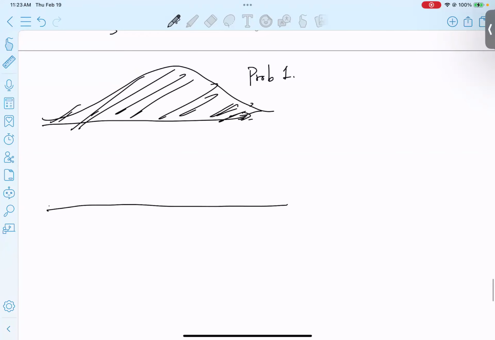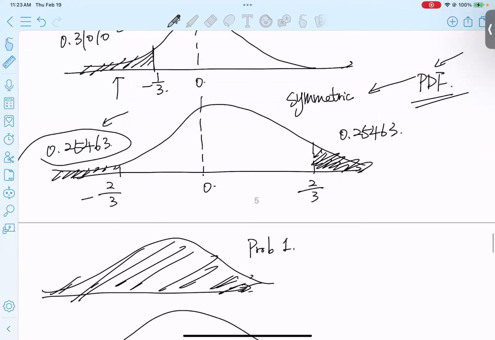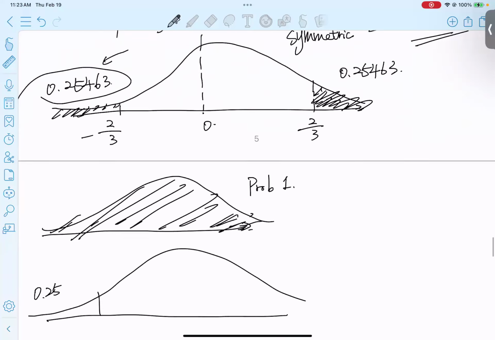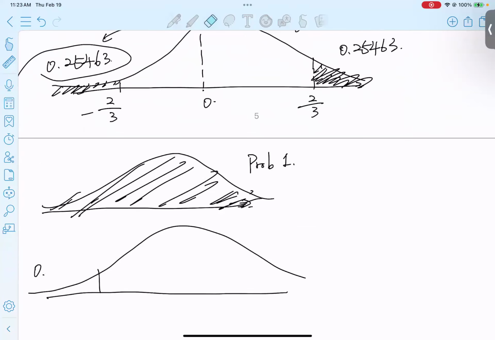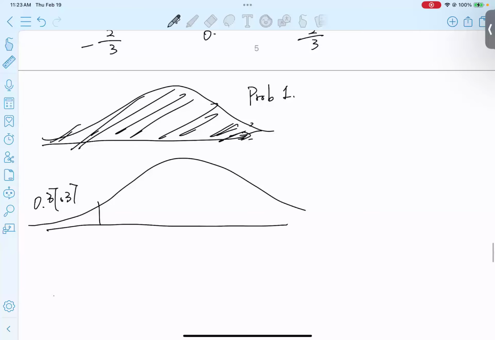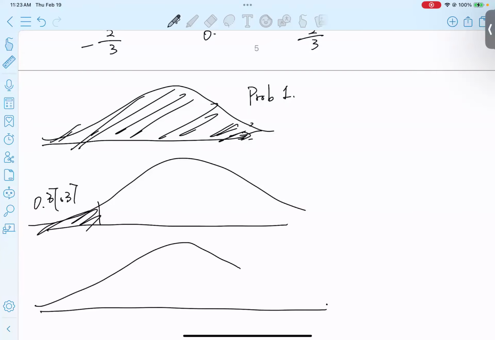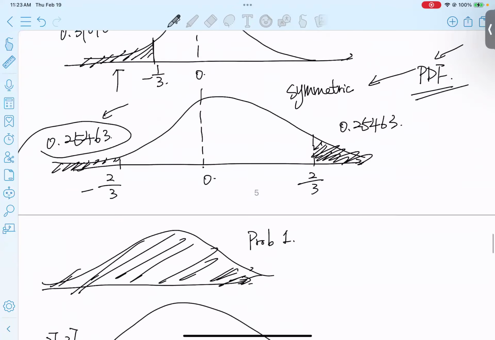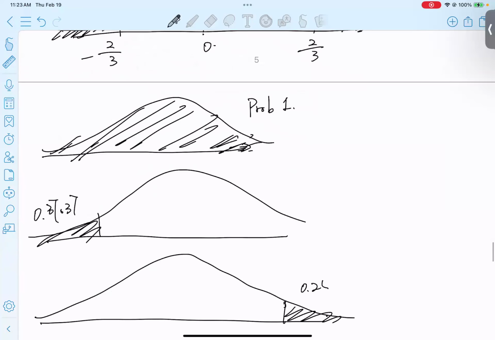We know the left tail is 0.3707. We also know the other tail here, 0.25463.